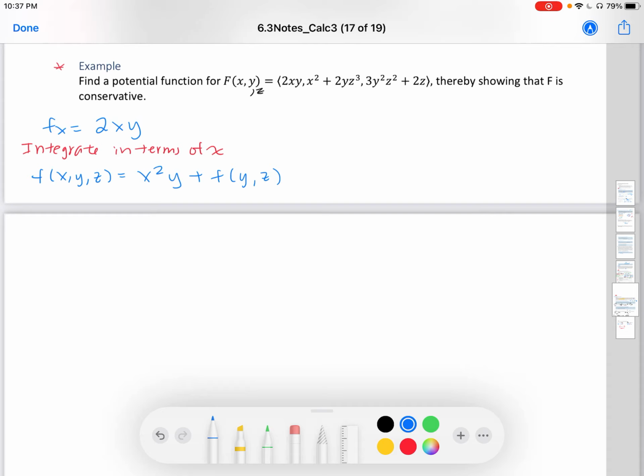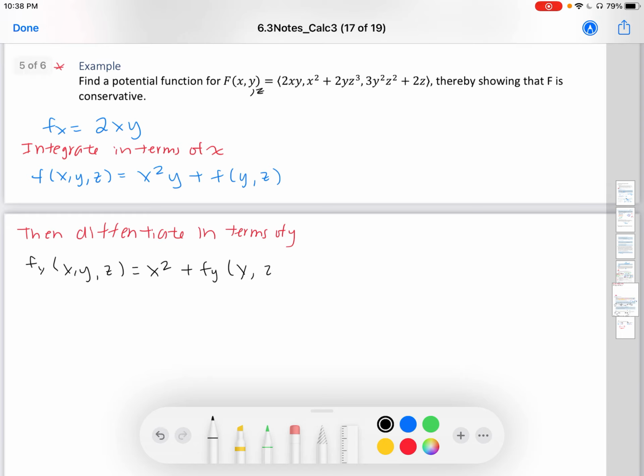All right, then we're going to take this and we're going to differentiate in terms of y. All right, so that we have f sub y of x comma y comma z gives us x squared plus h sub y of y comma z.